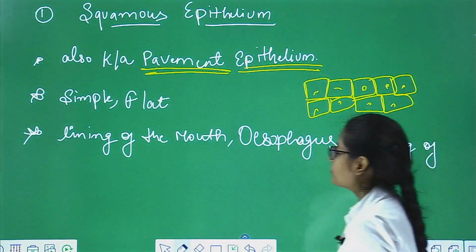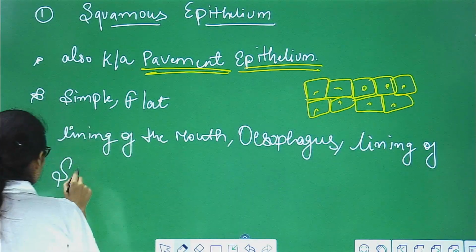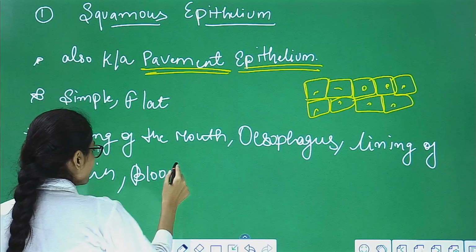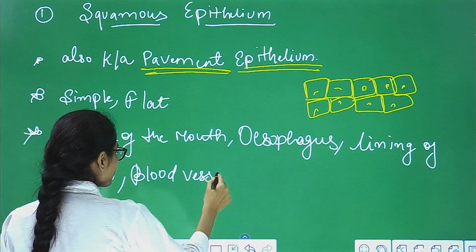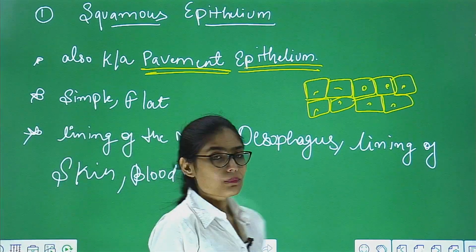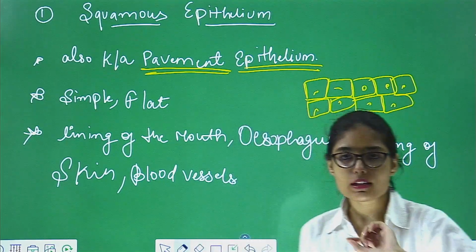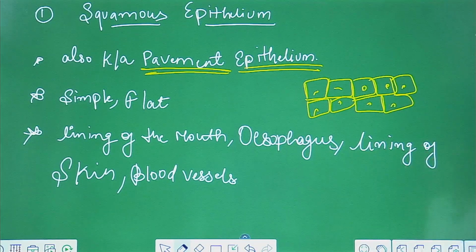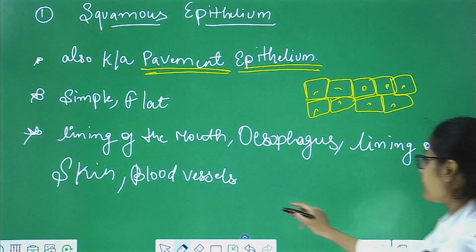lining of skin, then blood vessels. So just keep this also in your mind, where they are found: lining of the mouth, esophagus, lining of skin, blood vessels, and alveoli.